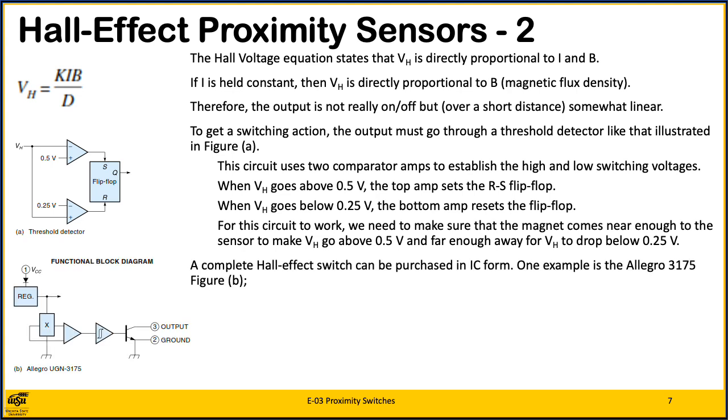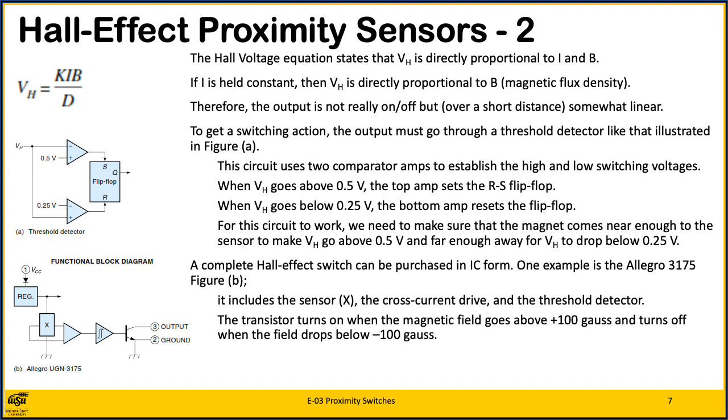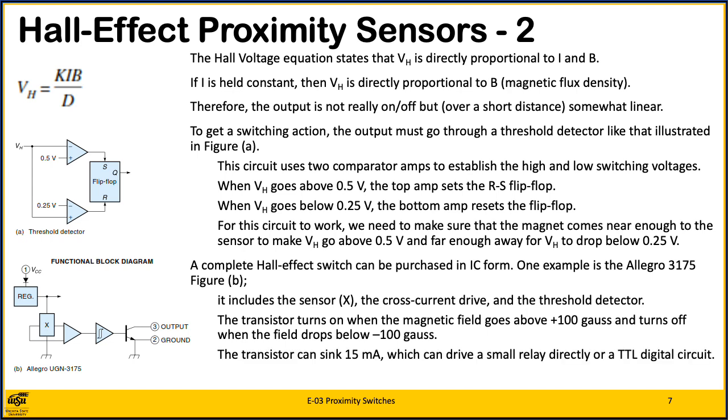A complete Hall effect switch can be purchased in IC form. One example is the Allegro 3175, shown in Figure B. It includes the sensor X, the cross-current drive, and the threshold detector. The transistor turns on when the magnetic field goes above 100 Gauss and turns off when it goes below negative 100 Gauss.